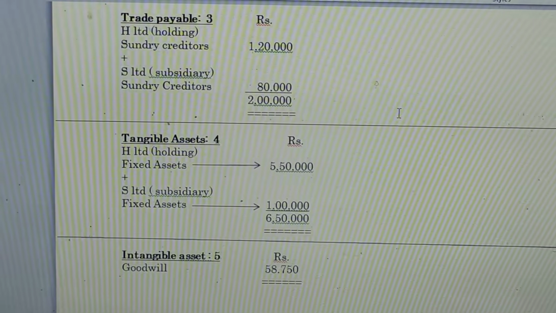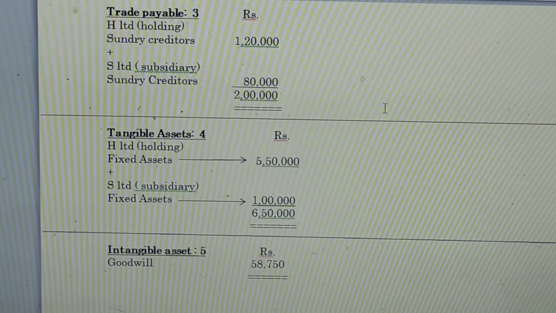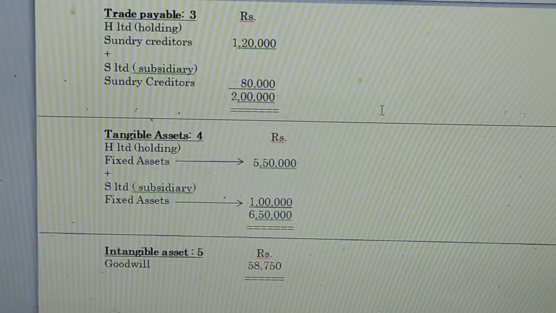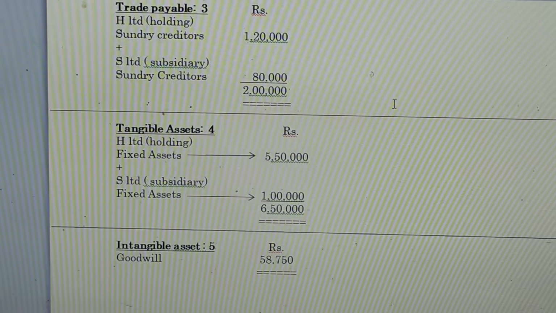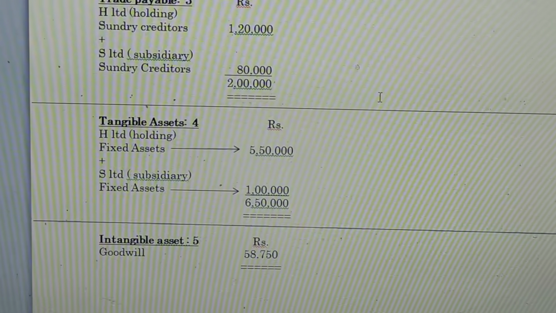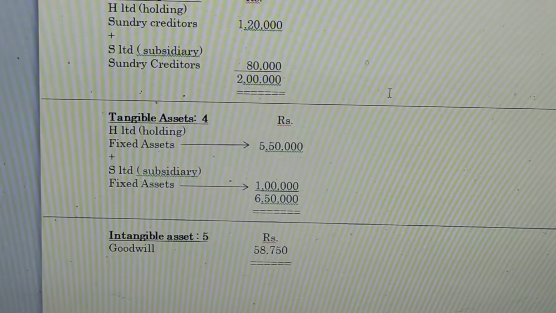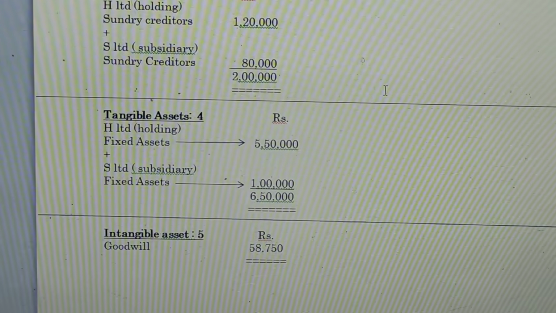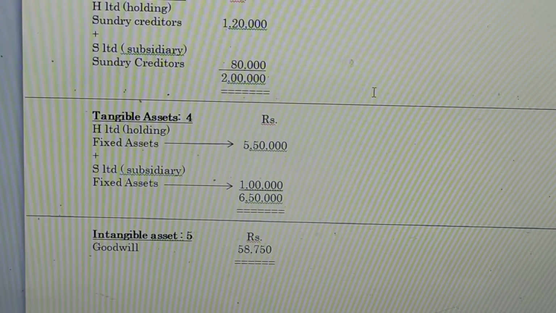H Limited holding fixed assets 5,50,000 of H Limited plus S Limited subsidiary. Fixed assets of S Limited, the amount is rupees 1 lakh. The total tangible assets are 6,50,000. It means 5,50,000 plus 1 lakh, we get the total tangible assets of 6,50,000.